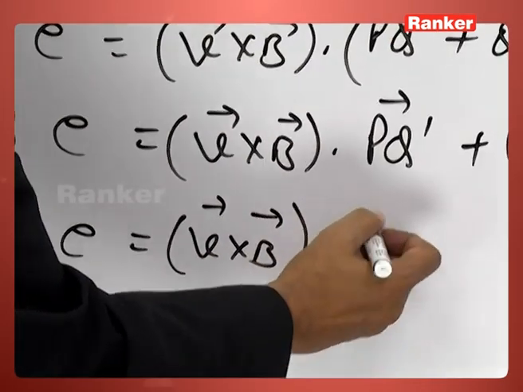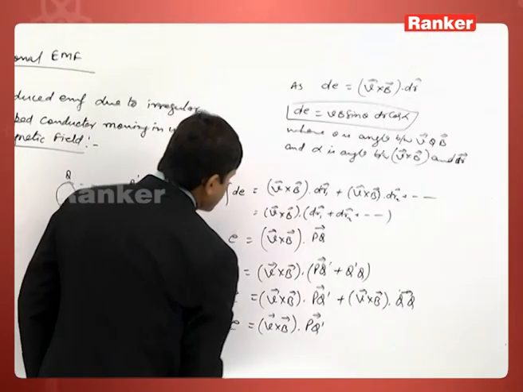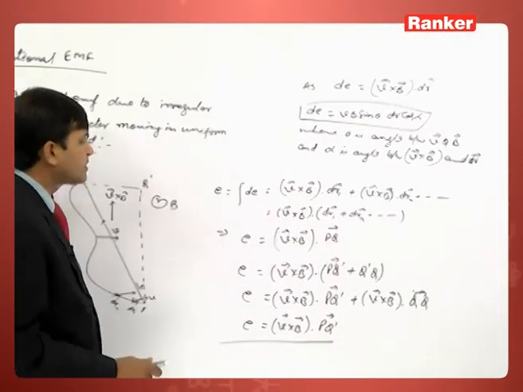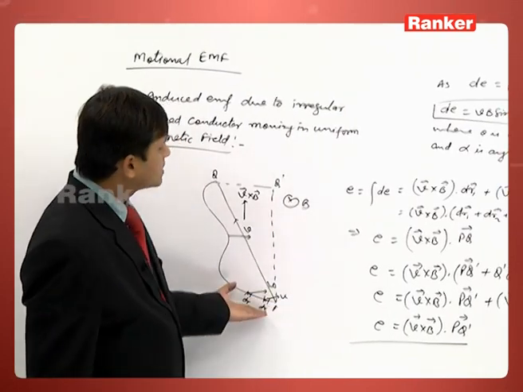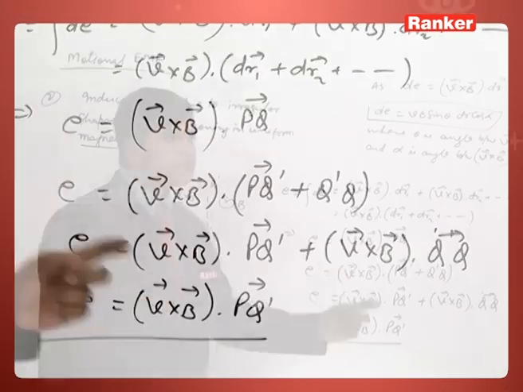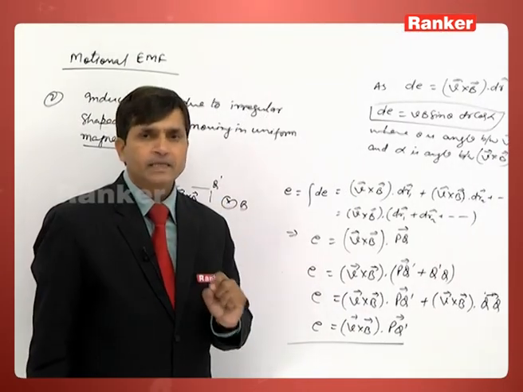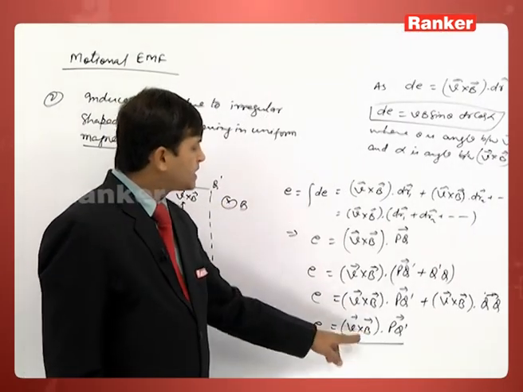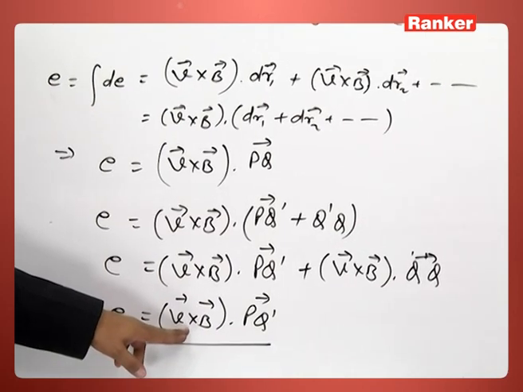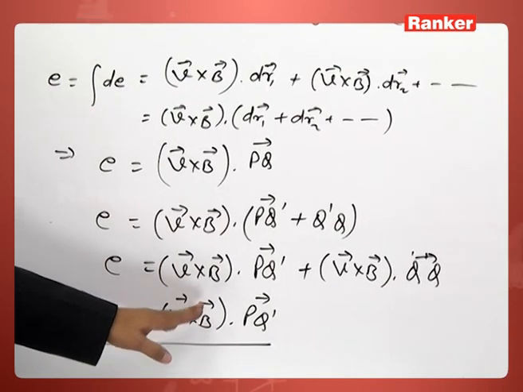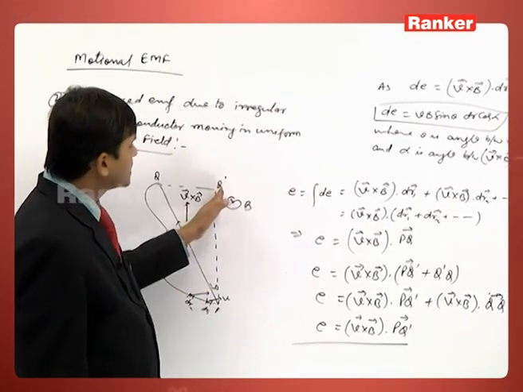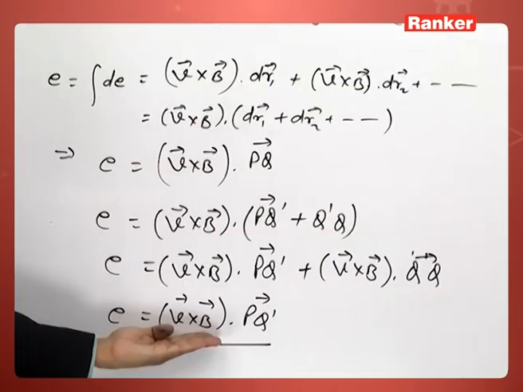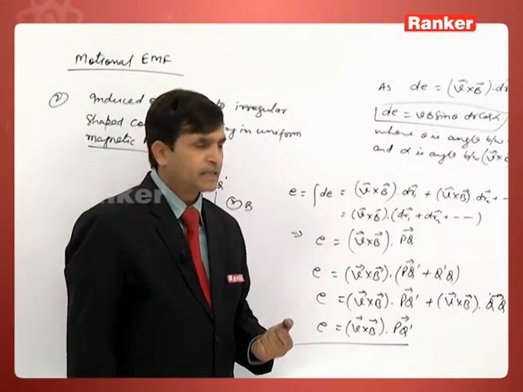So what is the main point here? Whatever induced EMF there will be, it is only due to that part of the conductor which is either in the direction of V cross B or opposite to it; the conductor direction should be along the V cross B direction.